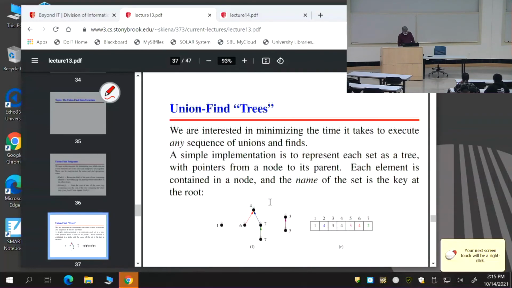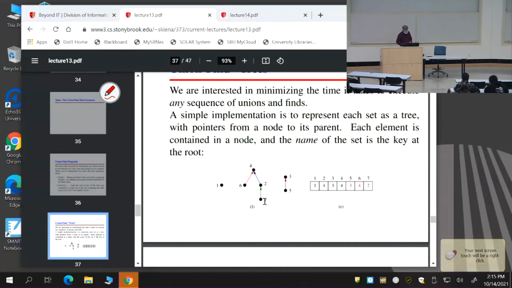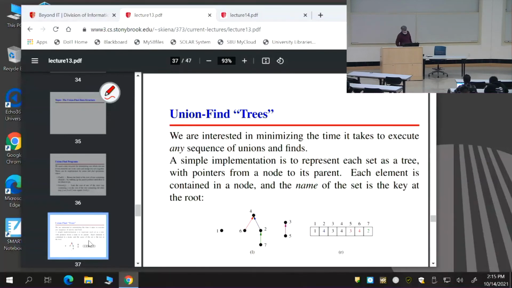Actually, let me show you an example. What we are going to do now is represent components by what we will call union find trees. These are directed trees where all edges go towards the root.